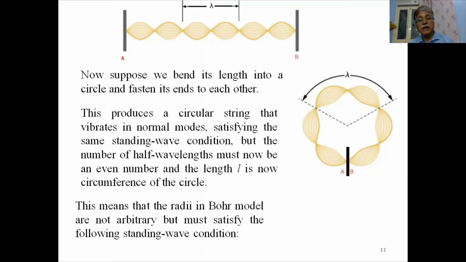This means that the radii in the Bohr model are not arbitrary, but must satisfy the following standing wave condition, that is 2 pi Rn for the nth orbit is 2n into lambda by 2. So only those radii will be permitted which have an integral number of wavelengths fitting onto the circumference of the circle, and these waves are the de Broglie waves of the rotating electron on the orbits.